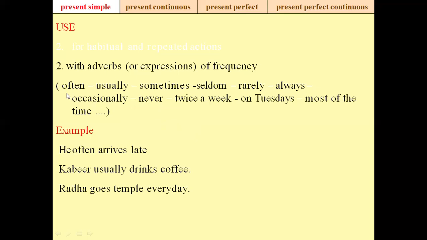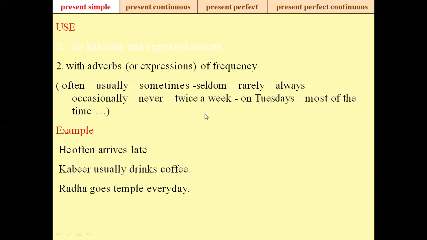You can read here: often, usually, sometimes, seldom, rarely, always, occasionally, never, twice a week, on Tuesdays, most of the time. So these are the adverbs of frequency, and if there is an adverb of frequency in the sentence, you can use the simple present tense there.